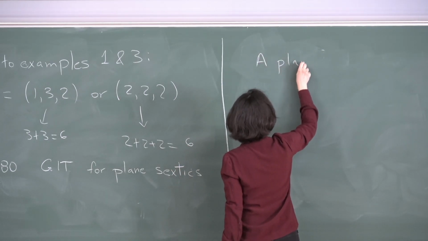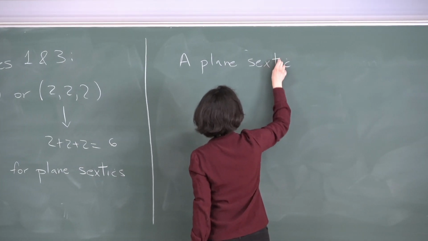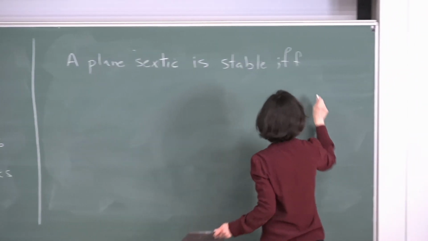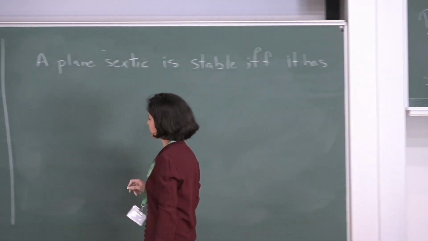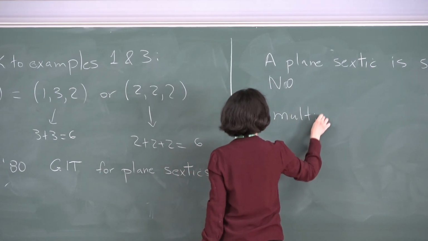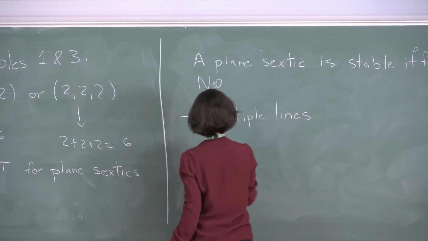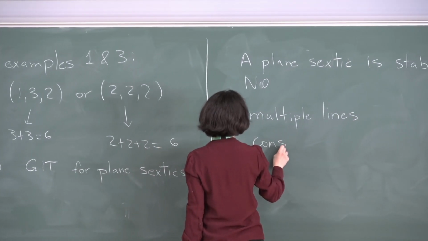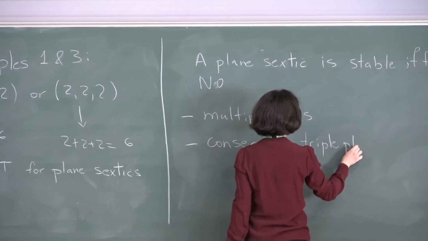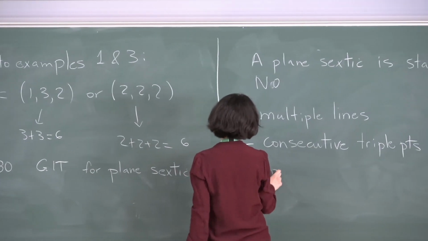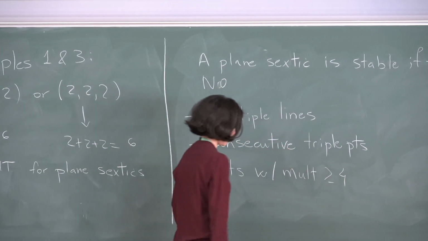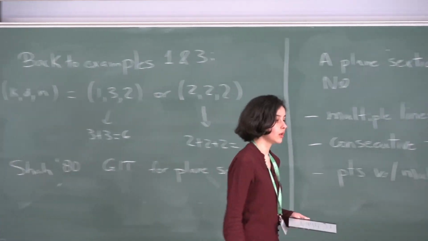A plane sextic is stable if and only if it has no multiple lines, no consecutive triple points, and no points with multiplicity greater or equal than 4.